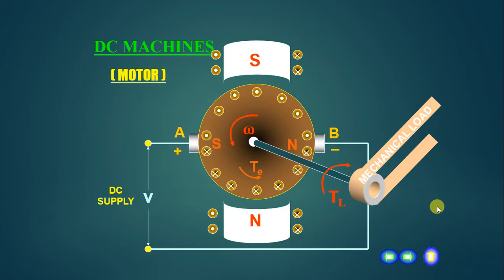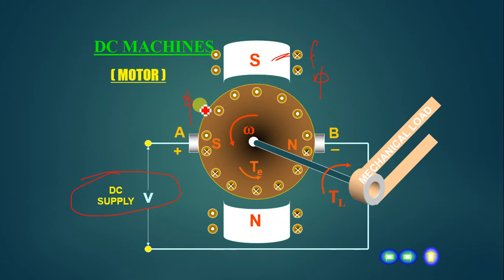Similarly, when it comes to a motor, exactly the reverse of this will happen. Whenever a voltage is supplied to the armature windings, because of the interaction between the flux generated by the field coils and the flux generated by the induced voltage, you have another flux.